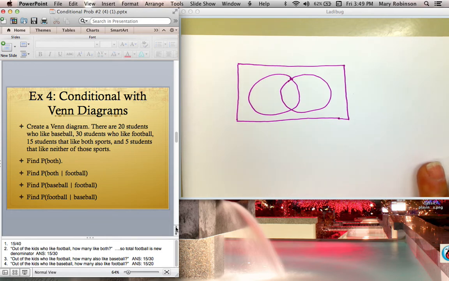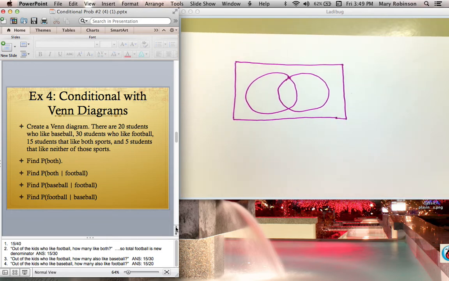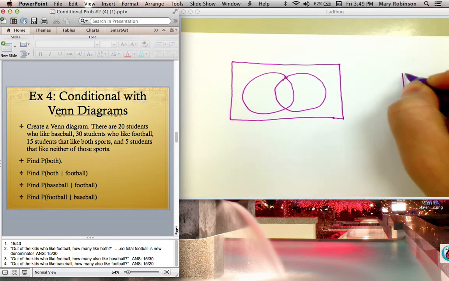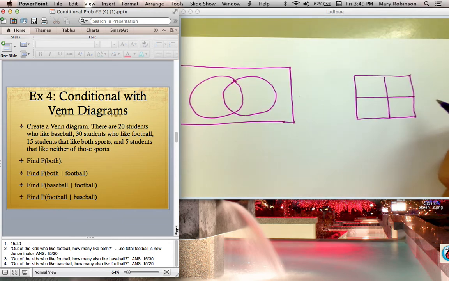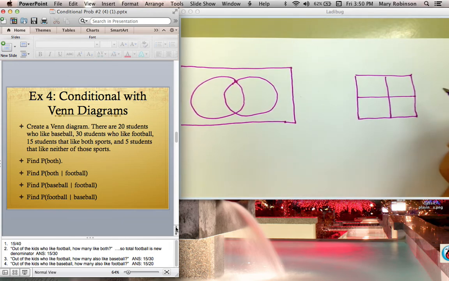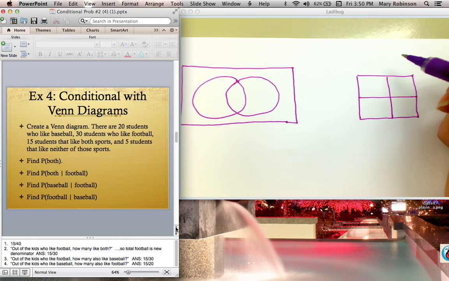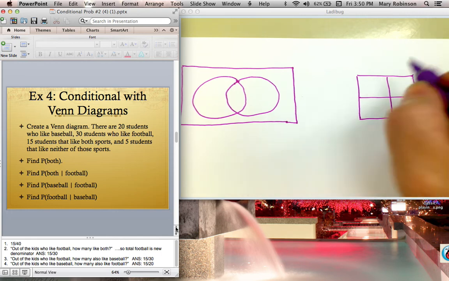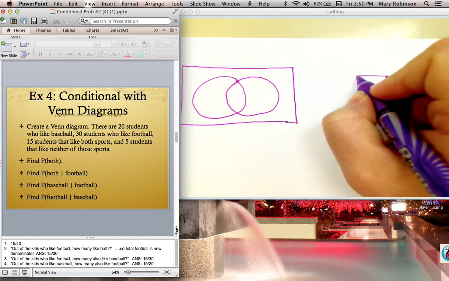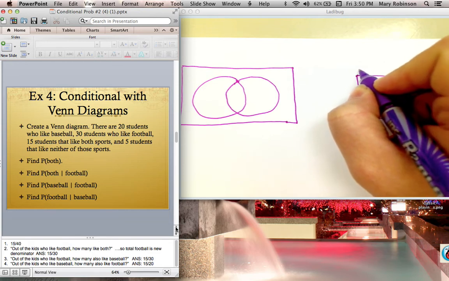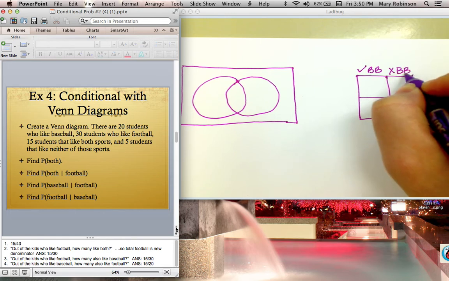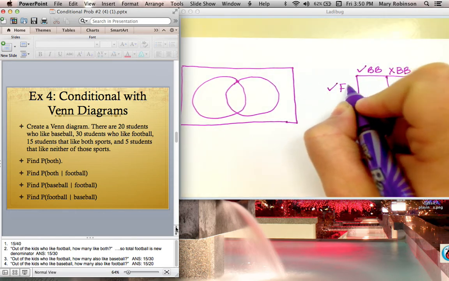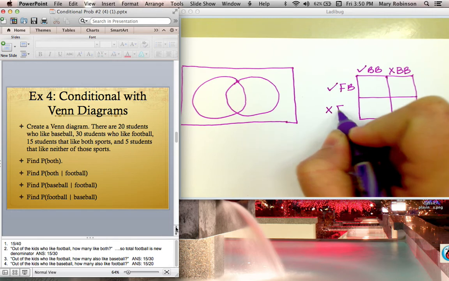Now, what you could do is relate this to a frequency table, which we've already done. When they tell us we have students that like baseball and football, and students that like both and that like neither, we recognize that we should probably have that they like baseball or that they do not like baseball, and that they either like football or they do not like football.